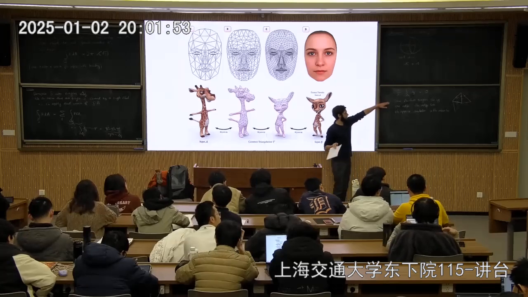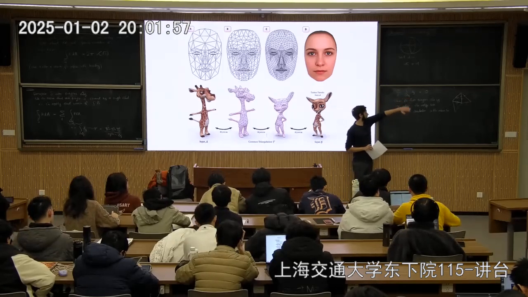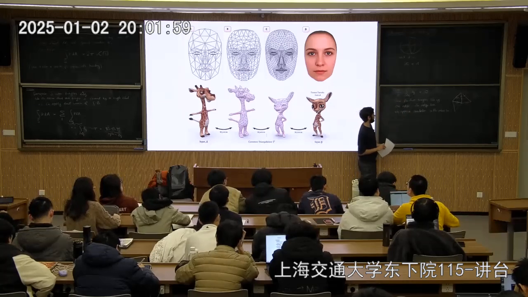So each edge is counted twice, once with a plus sign and once with a minus sign. So if you take the sum over all of that, we get 0.